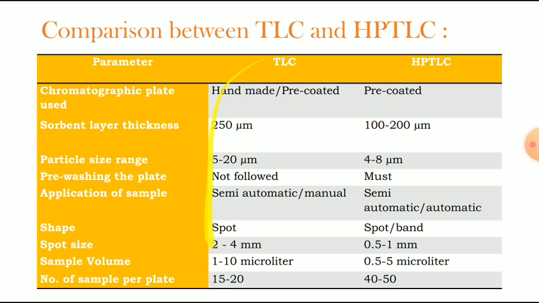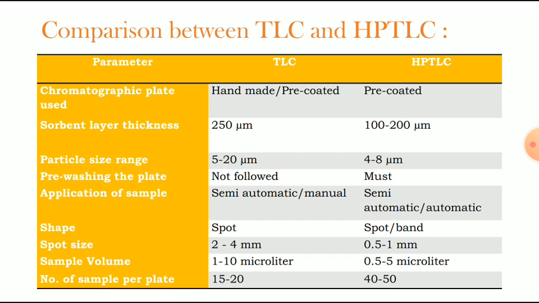This is the TLC part and this is the HPTLC part. First parameter, chromatographic plate used. That means what type of chromatographic plate is used in TLC and HPTLC. In TLC, handmade or pre-coated, but in HPTLC only pre-coated HPTLC plates will be used. This is the difference between TLC and HPTLC.